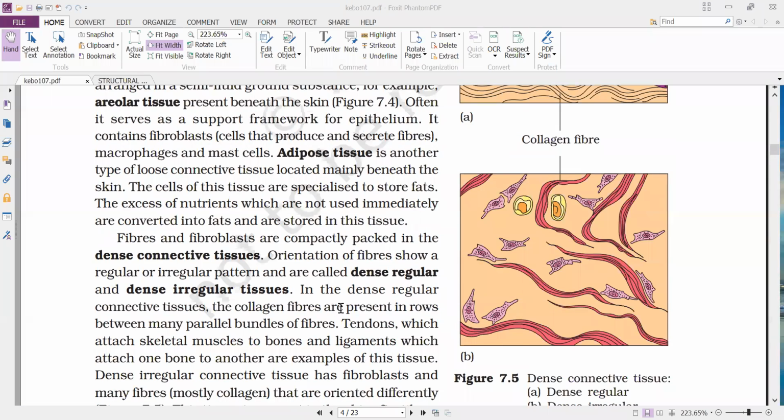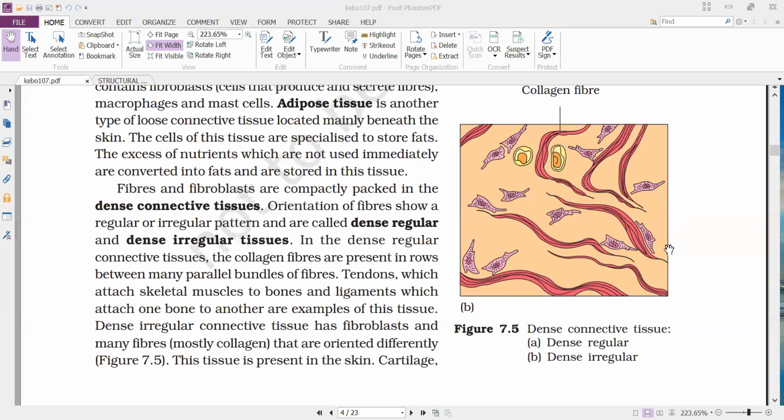When you observe the lower diagram, we can observe very clearly that in dense irregular connective tissue also the collagen is present, but these collagen fibers are not arranged in rows, they are arranged irregularly. Such a type of connective tissue we call irregular connective tissue.